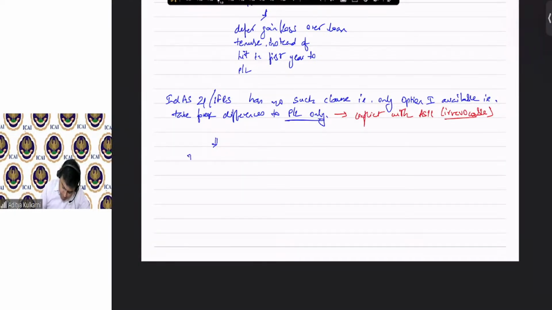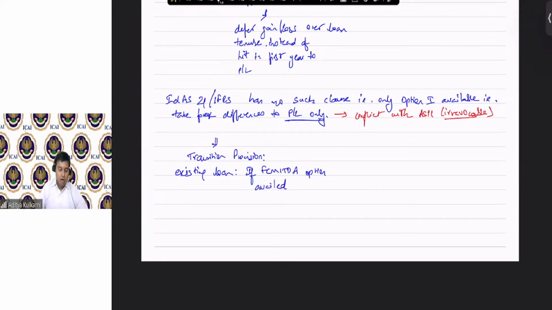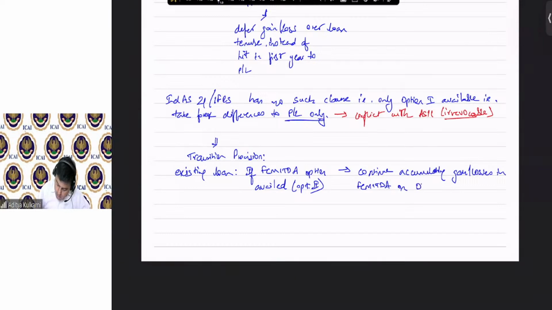Existing loan, transition provision. Existing loan, if FCMITDA option availed, we will talk about the asset later. If FCMITDA option was availed, that is, you had opted for the second option, then continue accumulating gains or losses in FCMITDA on date of transition and even thereafter.